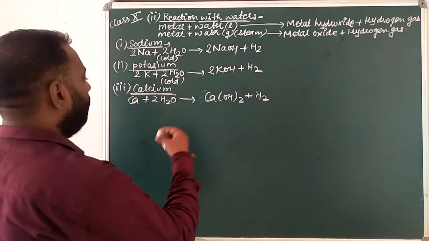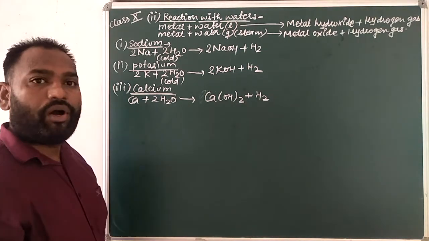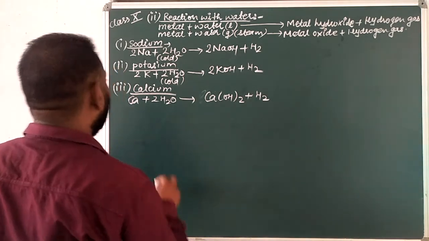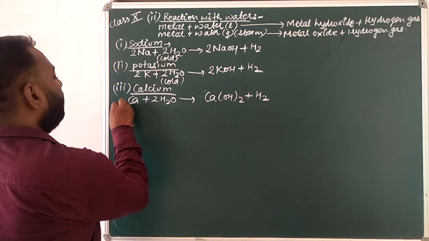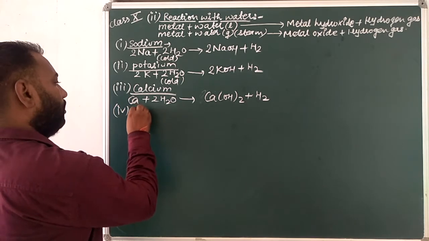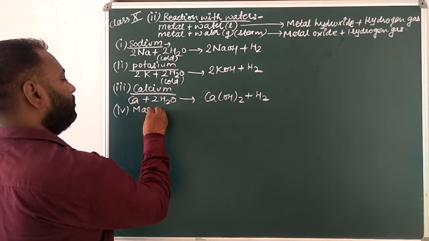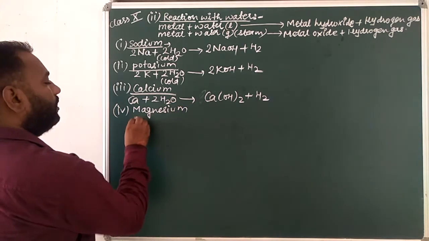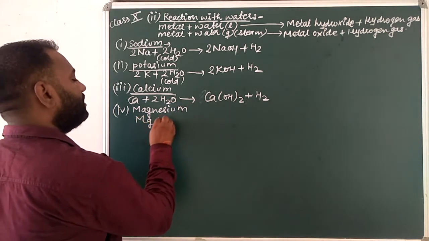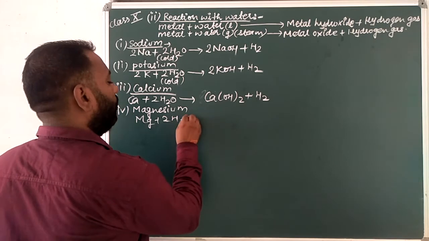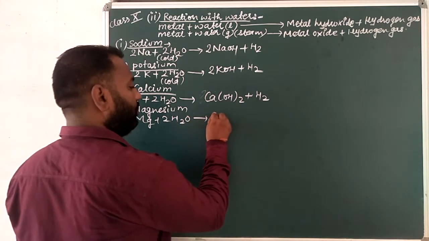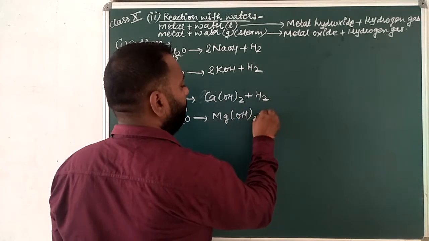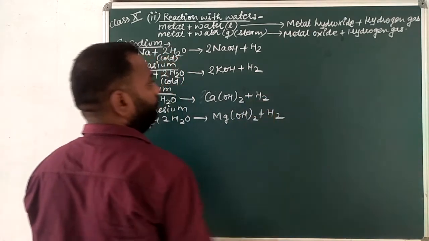Here we can use hot or cold water. Calcium can react with cold water also. Then magnesium: Mg plus 2H2O gives magnesium hydroxide plus H2.